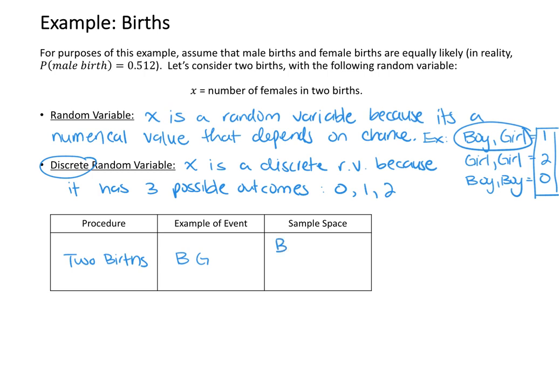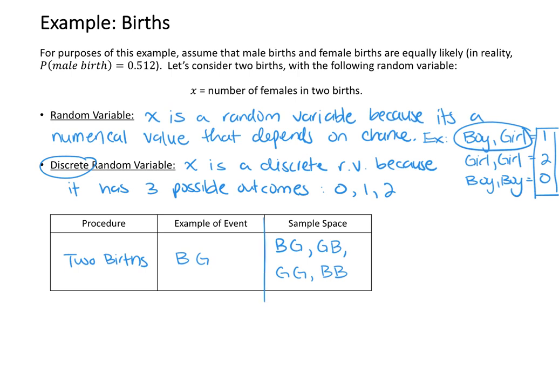So we could have a boy first and then a girl, but then we could also have a girl first and then a boy. Or we could have a girl and then a girl, and then we can have a boy and then a boy. And those are really the only outcomes we can have in two births. So that means that we have a total of four possible outcomes.